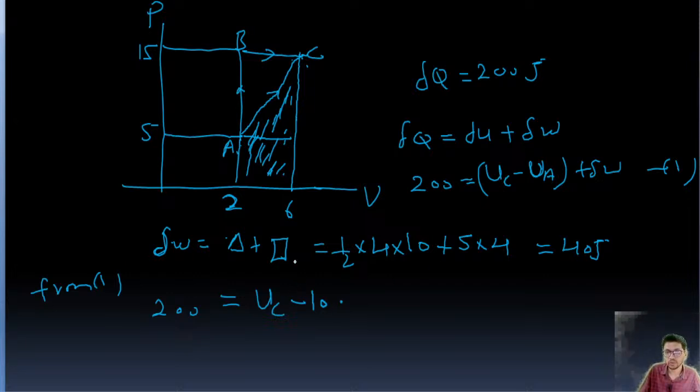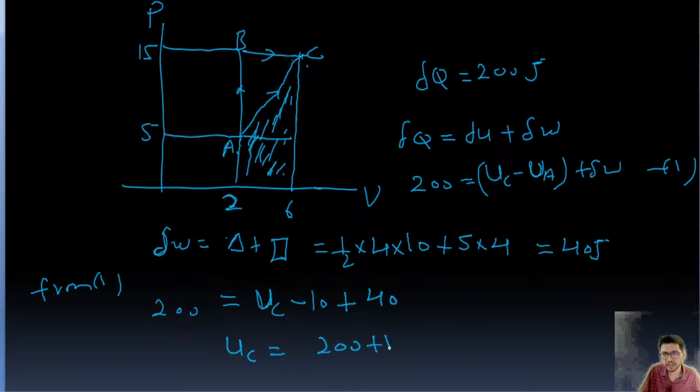So this is UC, this is 10, and plus, I'll explain that later, the dW value is 40 joule, right? 40.